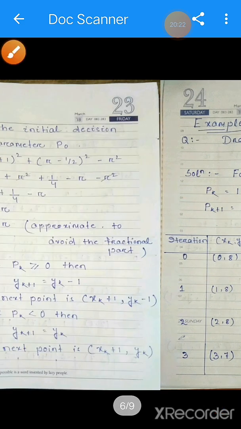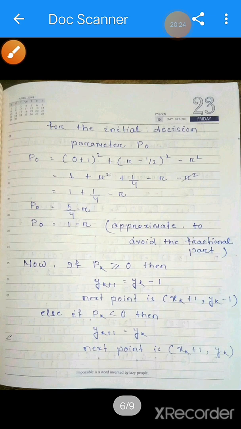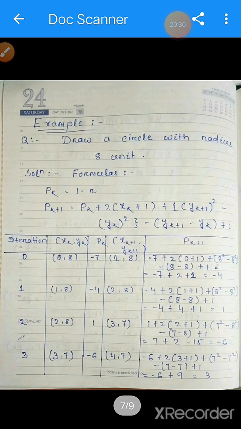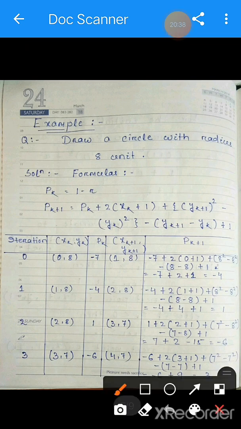When pk is less than 0, the next point is xk plus 1, yk. So here we only increment the x value. xk plus 1 is 1 and yk plus 1 is yk. After that we find the pk plus 1.